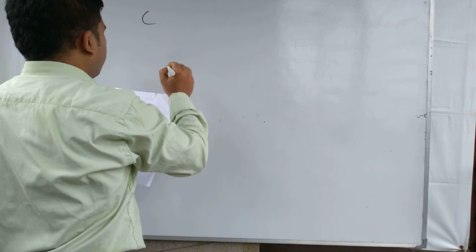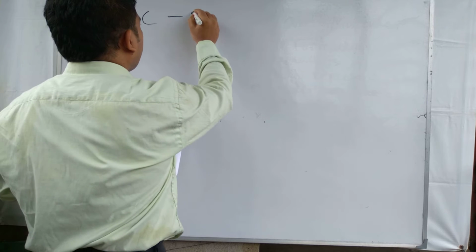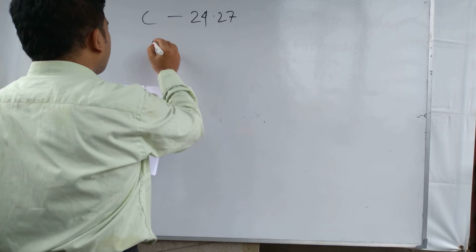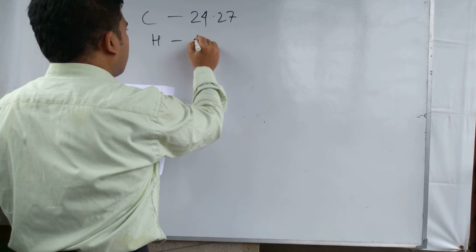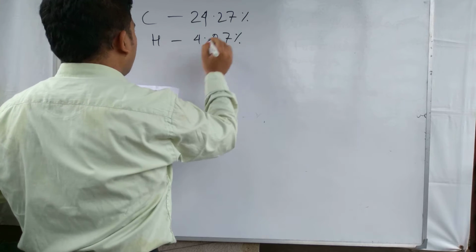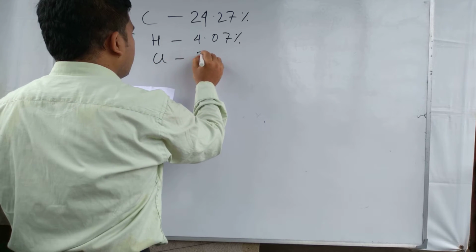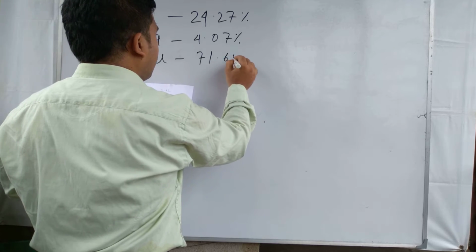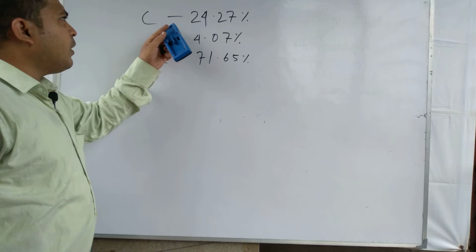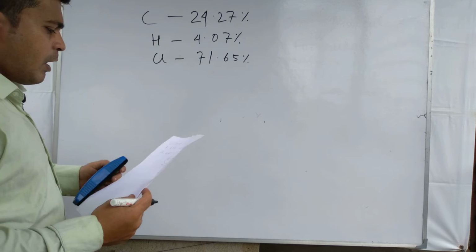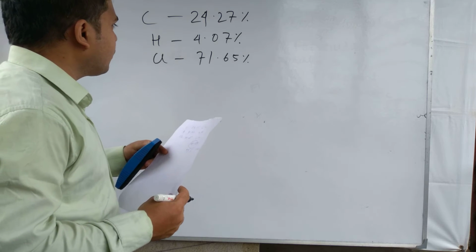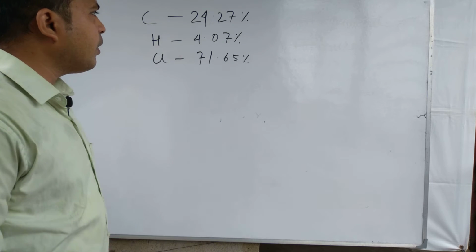A problem where carbon present is 24.27%, hydrogen present is 4.07%, and chlorine present is 71.65%.